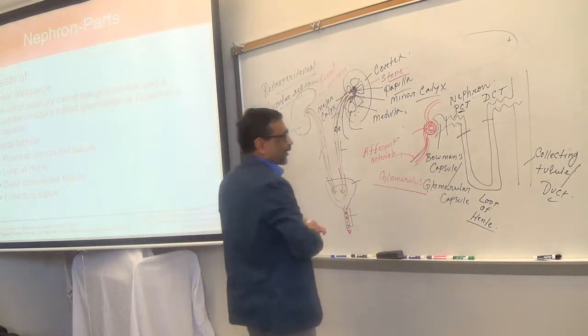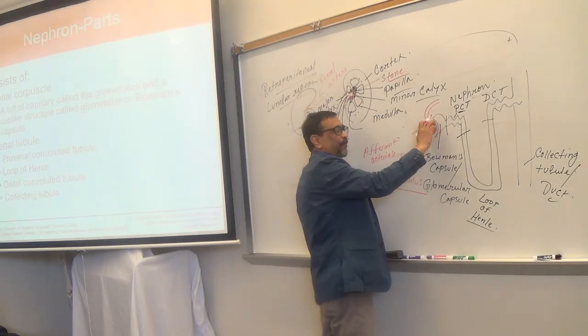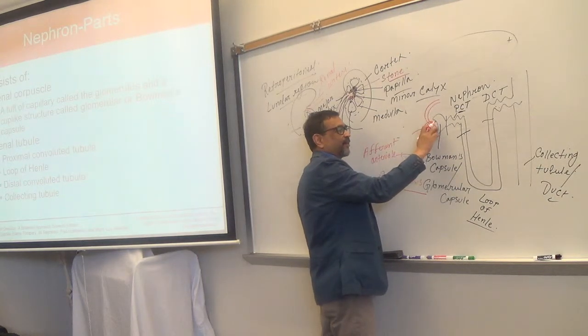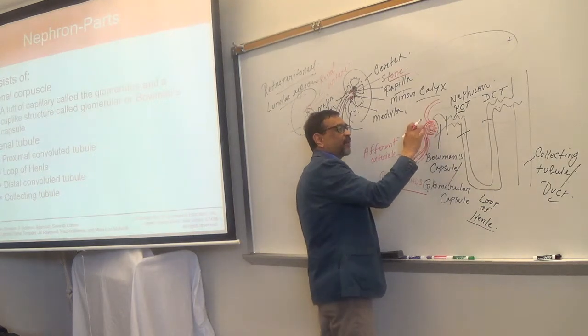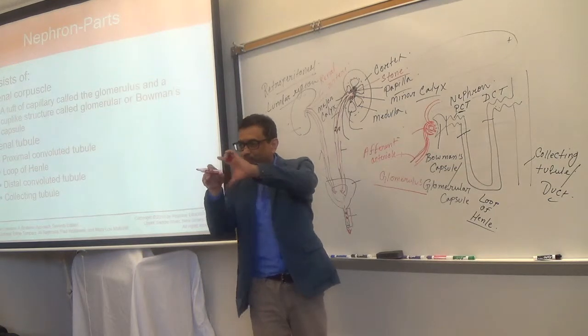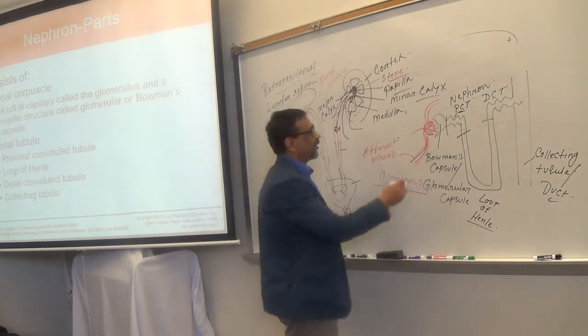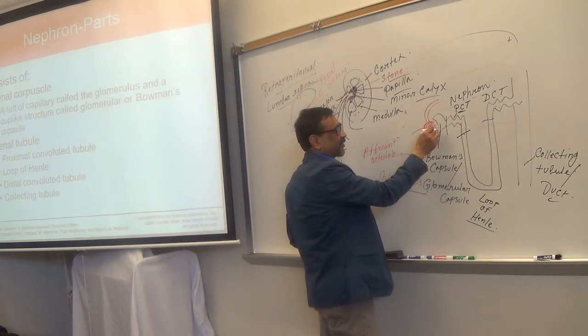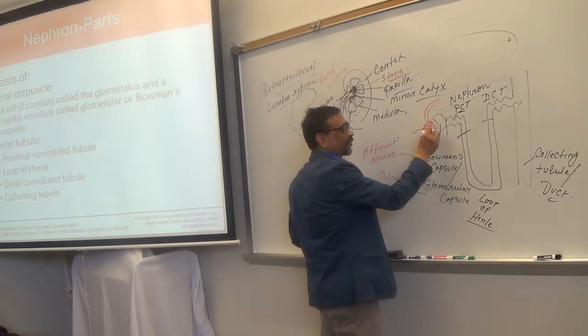So during that time, what will happen in the wall of this capillary? You have fenestration. This type of capillary is called fenestrated capillary. That means you have big pores or holes. So these are fenestrations, openings. So what will happen?